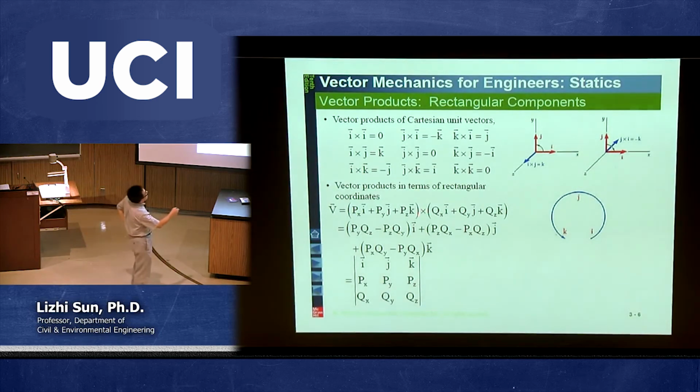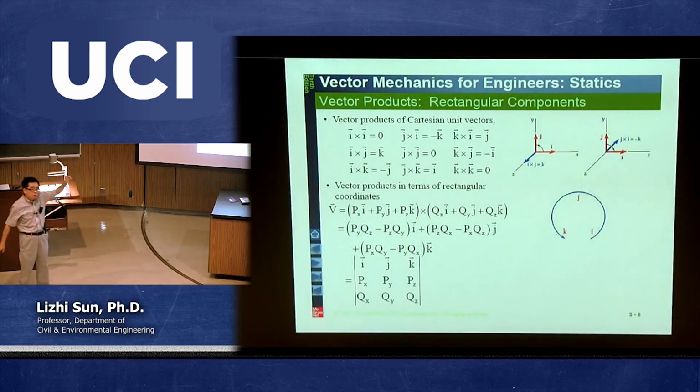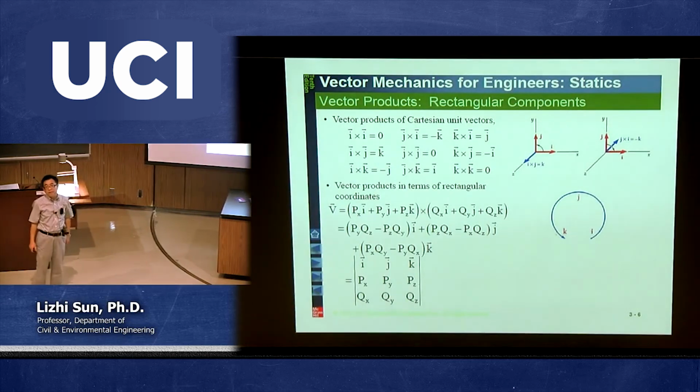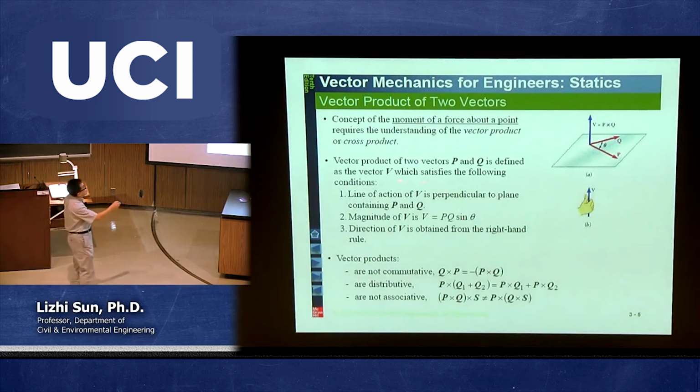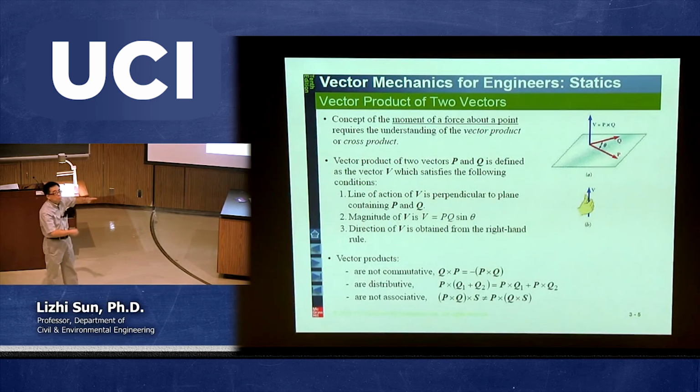Those 6 terms: anything in front of i, you put together; anything in front of j, you put together; anything in front of k, you put together. That's the result. In other words, this is the equation allowing us to calculate the cross product, a definition of the cross product. But we're not going to use that because it's too time consuming.